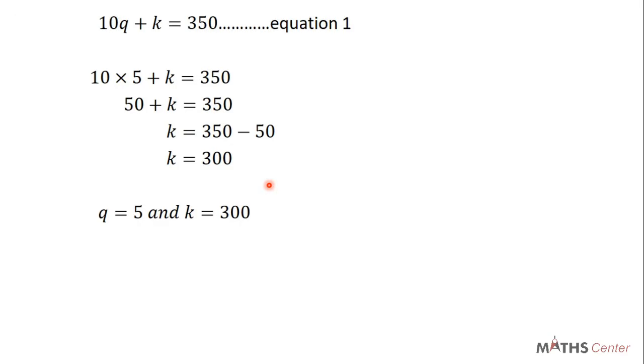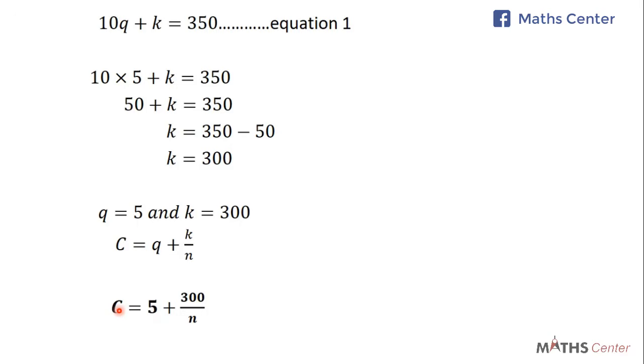In the previous video, we saw that the expression for this variation is C is equal to Q plus K divided by N. We have found Q as 5 and K as 300. So we can replace Q with 5 and K with 300.